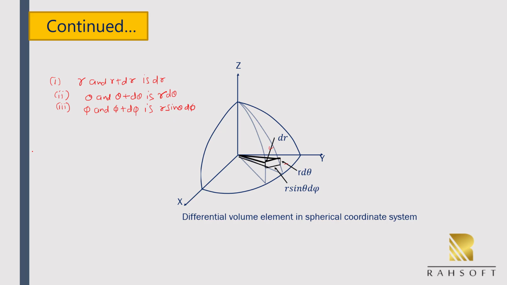So the differential lengths are dr, r d theta, and r sin theta d phi.